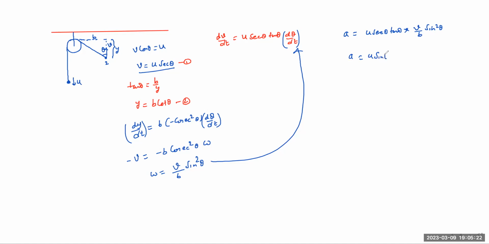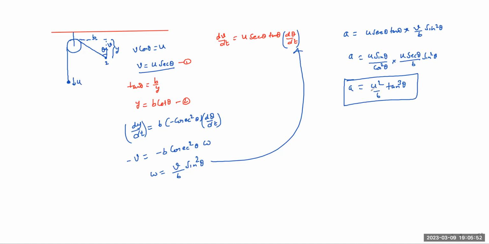So u sin theta by cos square theta into v, which is u sec theta by d into sin square theta, which is nothing but u square by d sin theta by cos theta. So this is the relation between the acceleration and the initial velocity.